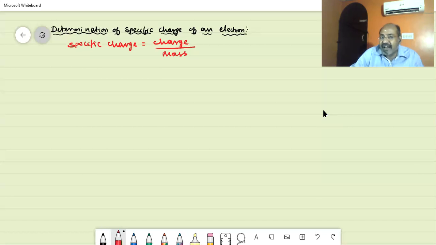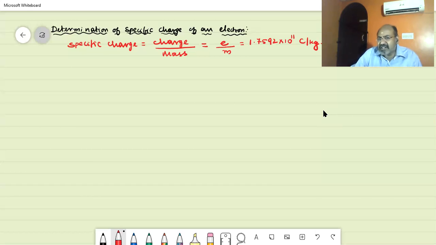So charge of the electron divided by the mass of the electron is called specific charge or normalized charge, where the charge of the electron is given to be e, and the mass of the electron is considered to be m, and the specific charge of the electron is found to be a constant, which is 1.7592 × 10^11 coulomb per kilogram.